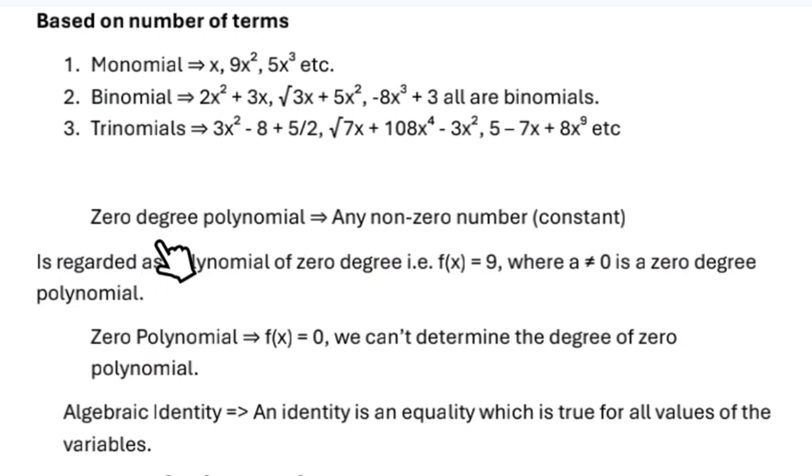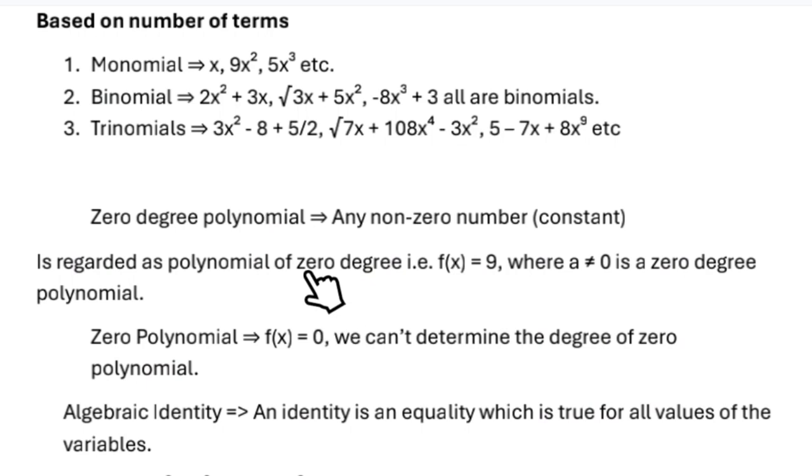Now 0 degree polynomial. Any non-zero constant is regarded as a polynomial of 0 degree, that is f(x) equal to 9, where a not equal to 0, is a 0 degree polynomial. आपको यहाँ दिख रहा होगा f(x) is equal to 9, so यहाँ पे x raised to the power 0 is equal to 1.